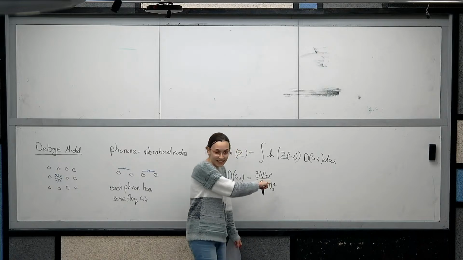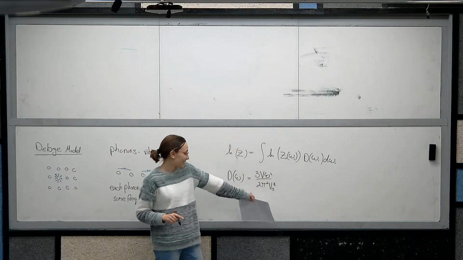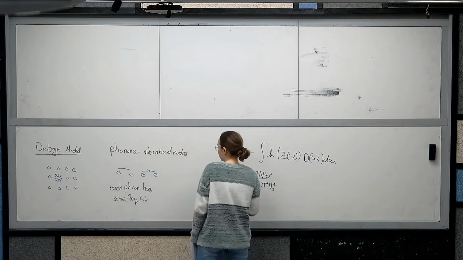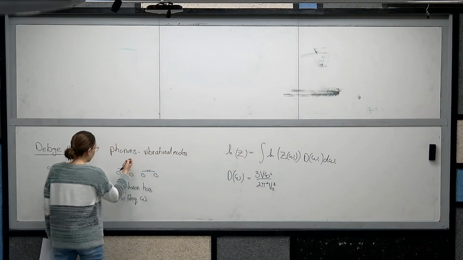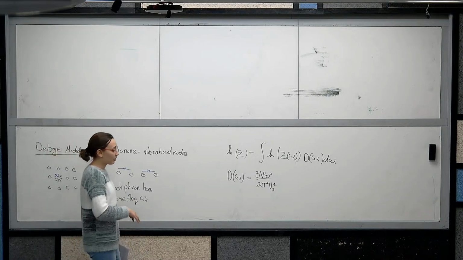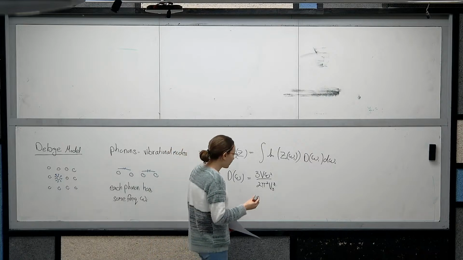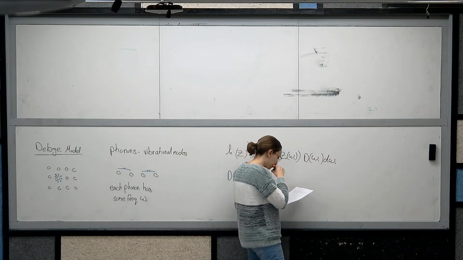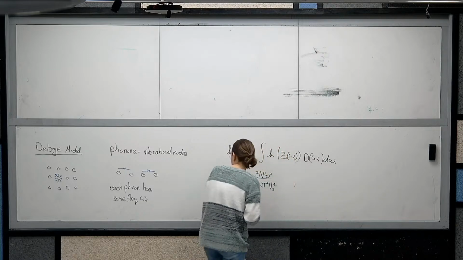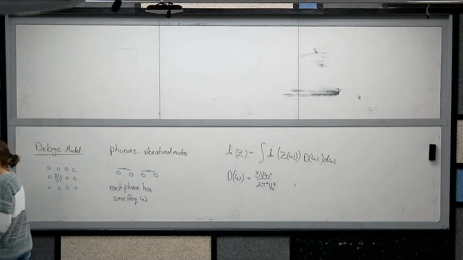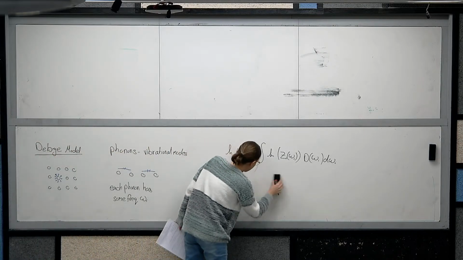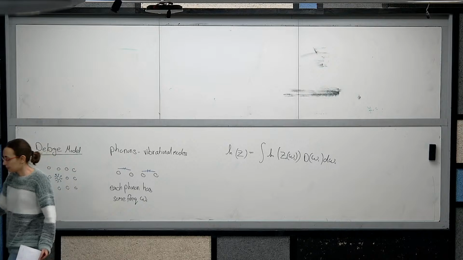Okay, so the assumption of the Debye model, now that we split the lattice to phonons, is to assume that we have a linear dispersion in the model. Let's first write the assumption of the Debye model.